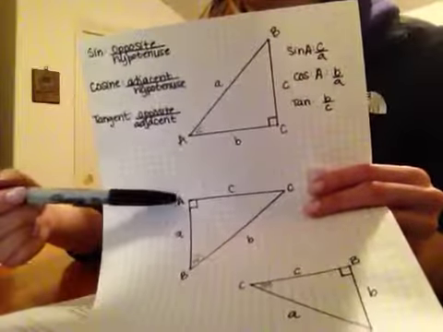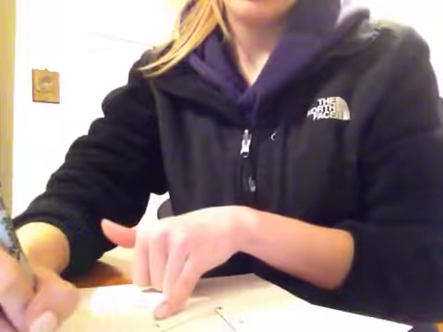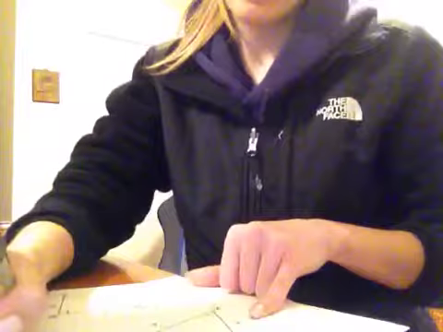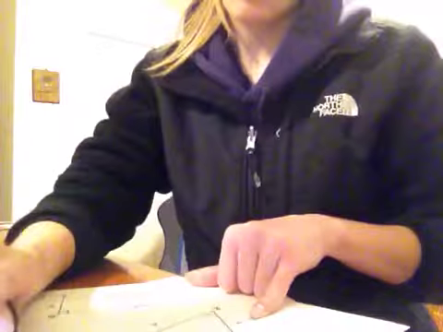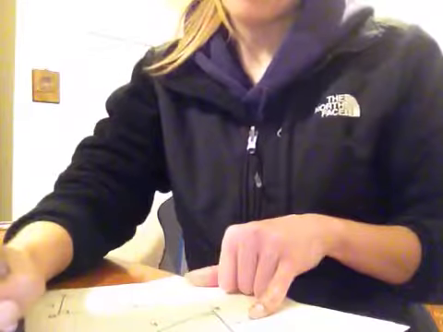So our answer would be sine C is A over B.